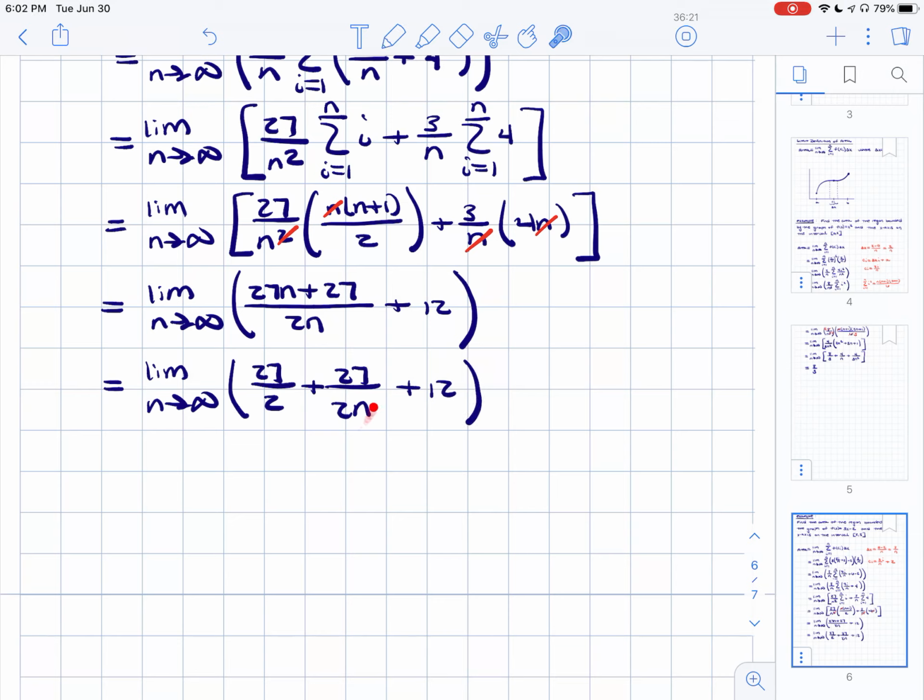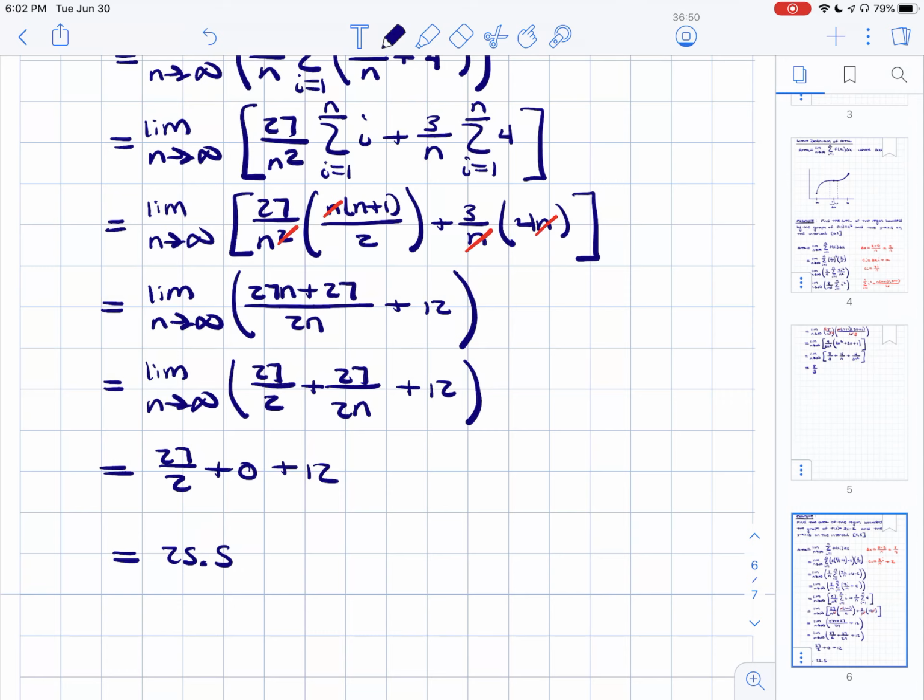All right, so this term with the n in the denominator is going to go to 0, and then the other two are just going to be their values. So this would be 27 over 2 plus 0 plus 12, and 27 over 2 plus 12 is 25.5. So our area in this case is 25.5.